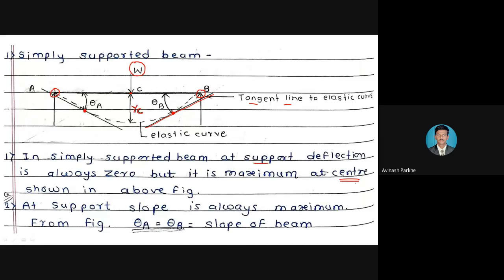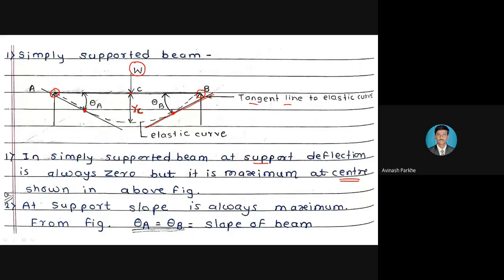That we have to identify by using the type of beam. So first I'm discussing the simply supported beam. For the simply supported beam, at the support point the deflection is zero, and at the center point deflection is maximum, and it is represented by the above figure.